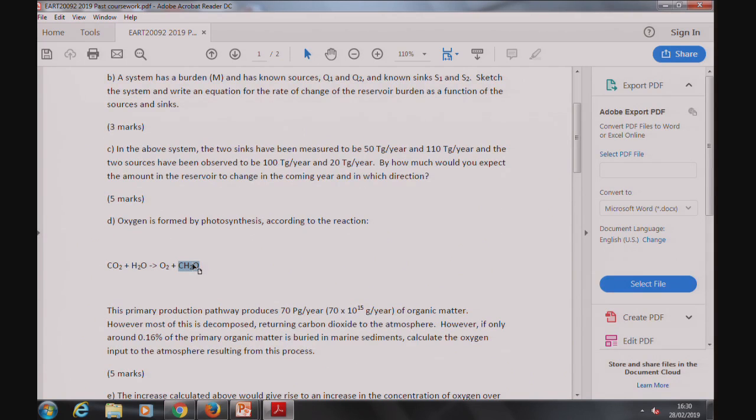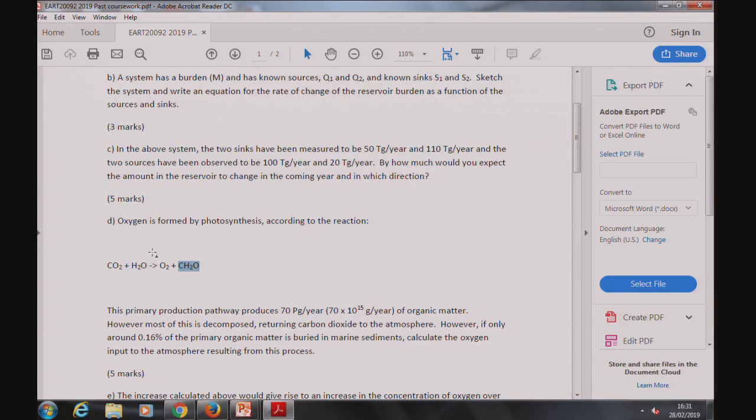All James has done is scale this by a factor of 6, divided by 6. Because glucose, which is like biomass, is actually C6H12O6. But this chemical equation is in the right proportions for each element. So that's the point James is getting at here.